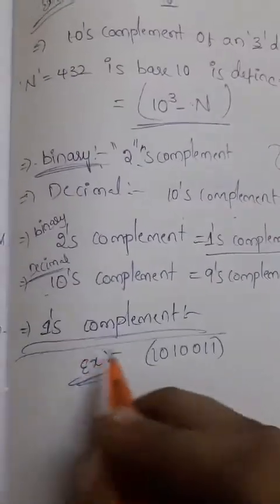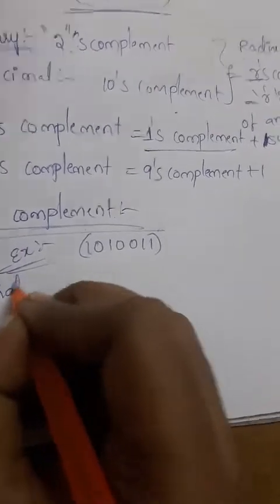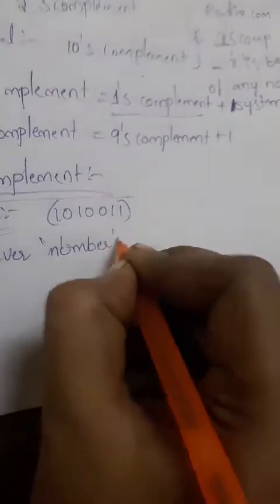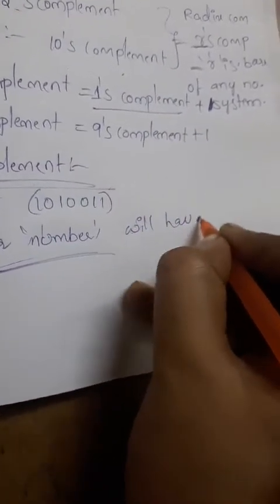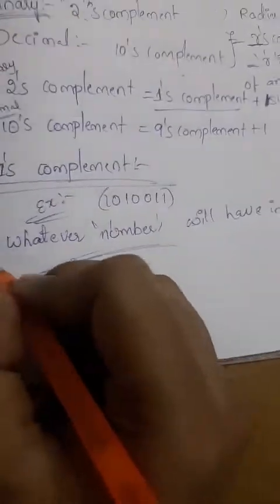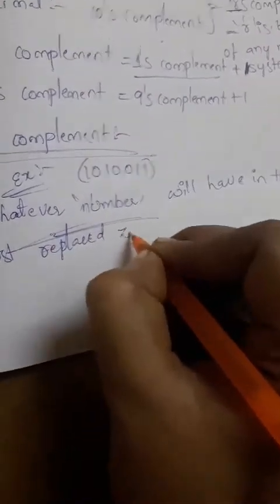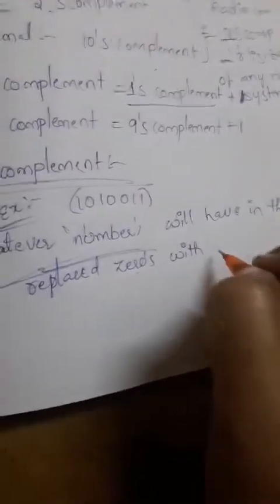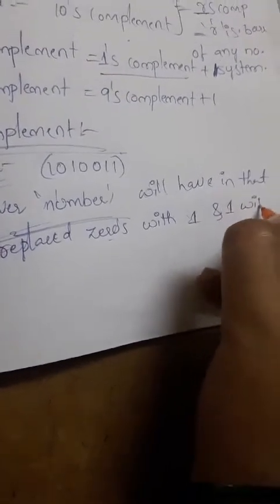So for 1's complement, just replace 0 with 1 and 1 with 0. Simple thing.